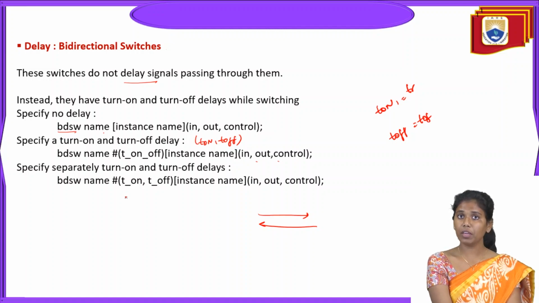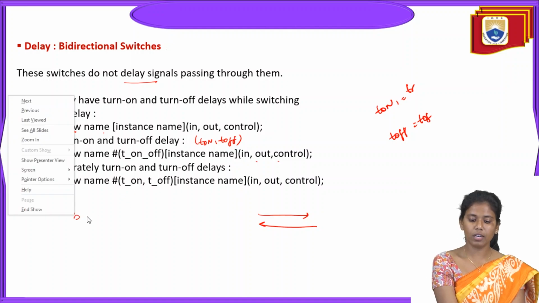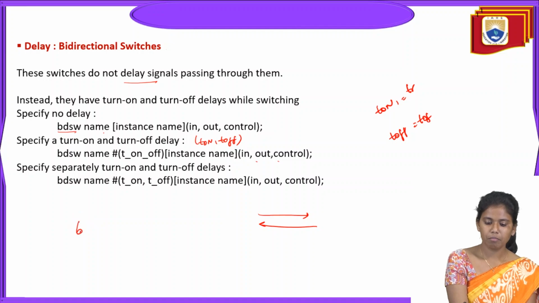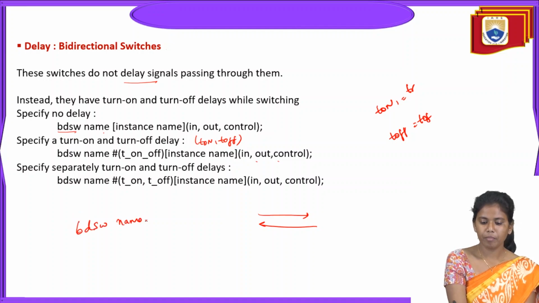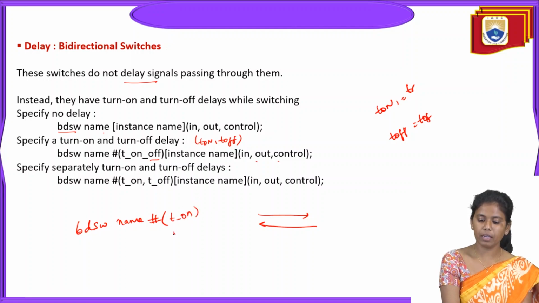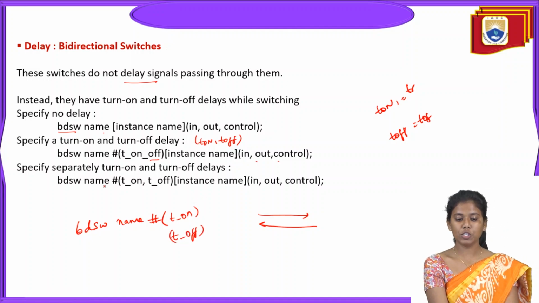In the same way, we can also represent turn on: bidirectional switch name followed with a delay. Here we have mentioned turn off, so now I can also mention the turn on time, turn on separately and turn off separately. That is what the third statement says.